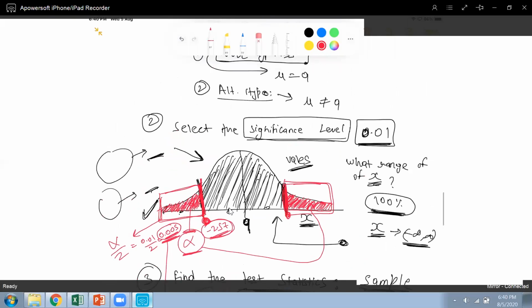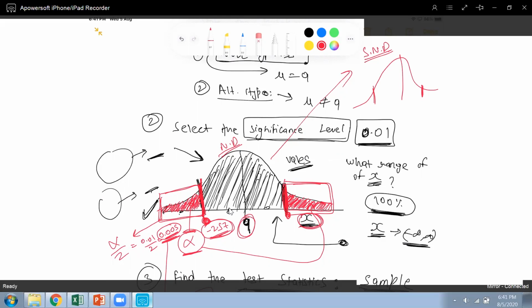Okay, if we convert this normal distribution into standard normal distribution, what we are doing is just changing the scale of the x. Here mu was 9.